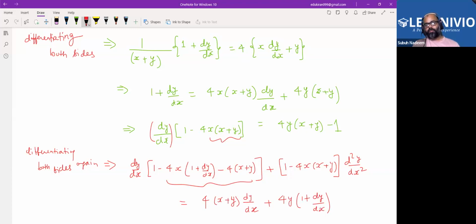So write this step. So we have applied product rule here, and then inside also we have applied product rule.